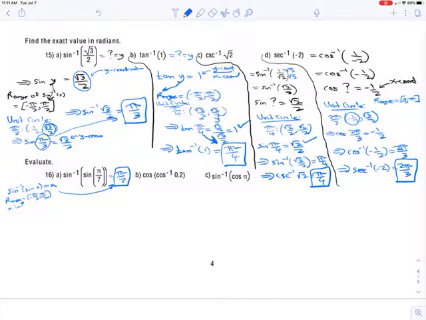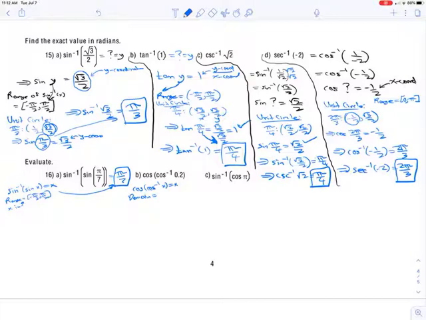All right, look at example B. Now example B, I've got cosine of cosine inverse of 0.2. All right, 2/10. Well, again, same property, and we'll look at the property here beneath it. We know the cosine of cosine inverse of x will always equal x as long as x is in the domain of cosine inverse.